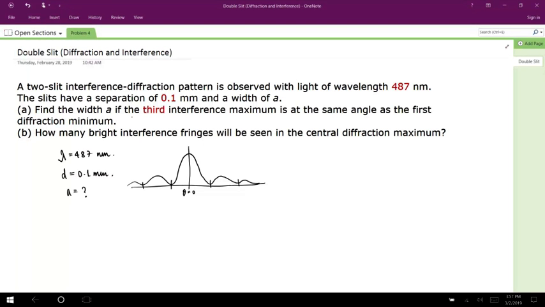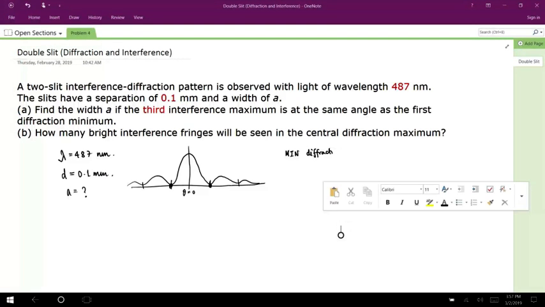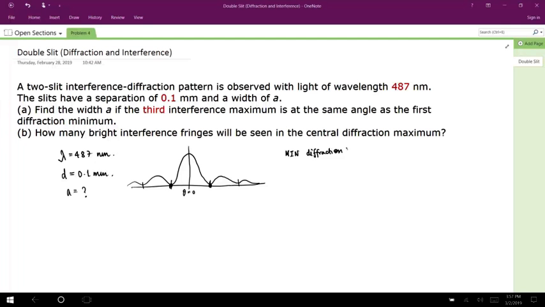Now here in the problem there's additional information given. It says the third interference maximum is at the same angle as the first diffraction minimum. So the first diffraction minimum refers to these two points, right? And the condition for minima for diffraction, we wrote it down earlier in a different video.